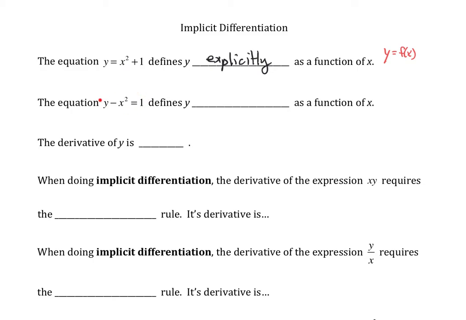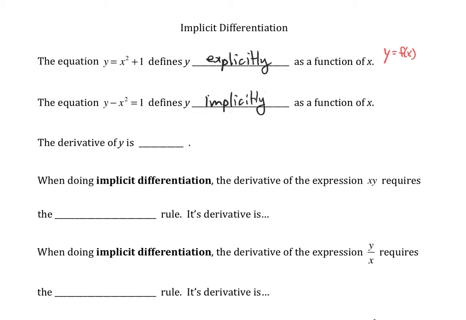But when we write something like this, we say that it defines y implicitly as a function of x, okay? So there's really two ways of looking at the description of the function. One is explicitly and one is implicitly.